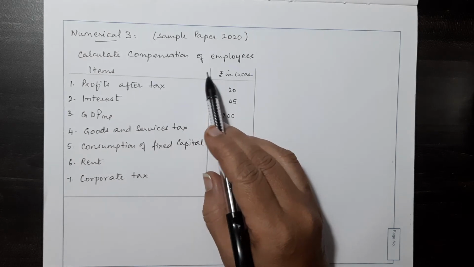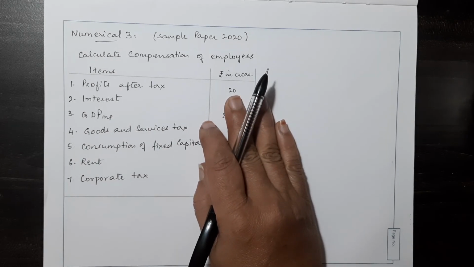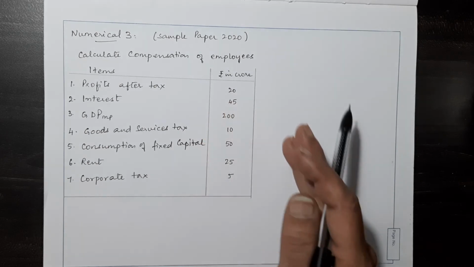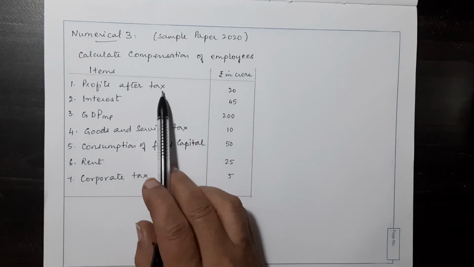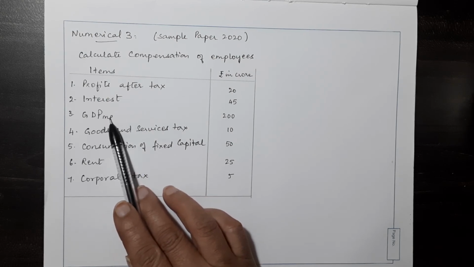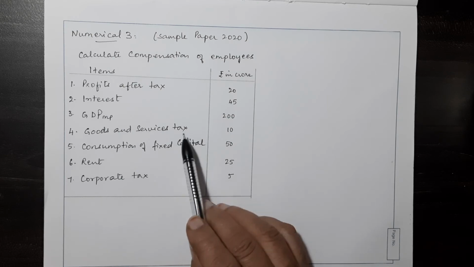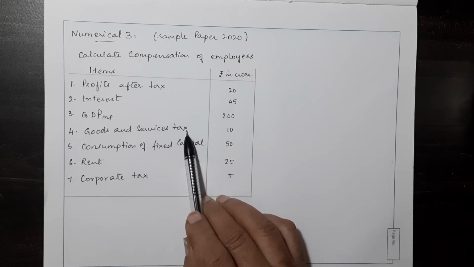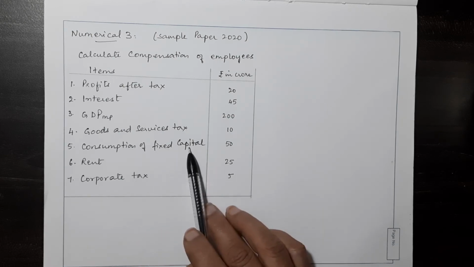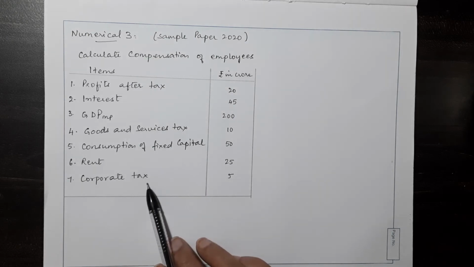Calculate compensation of employees. Now compensation of employees is being asked. And what are we given? We are given profits after tax, interest, gross domestic product at market price, then goods and services tax. What is this goods and services tax? Indirect tax. Consumption of fixed capital, that is depreciation, rent, and corporate tax are given to us.